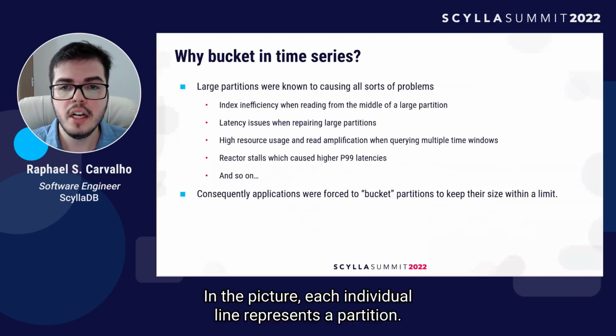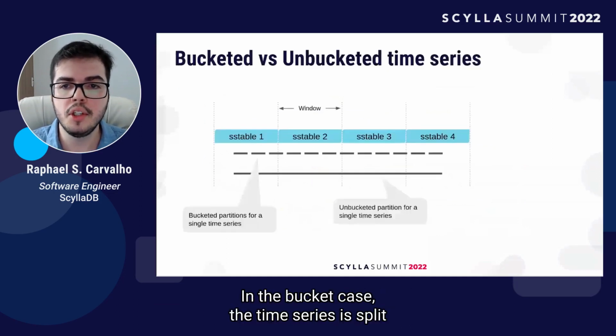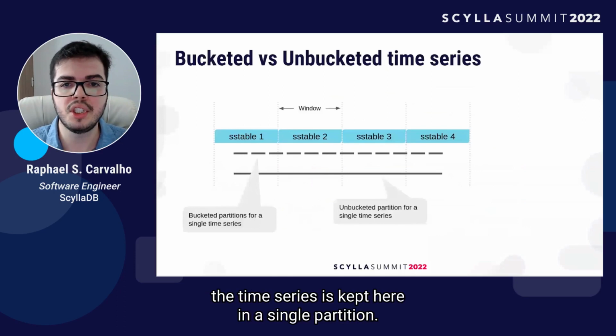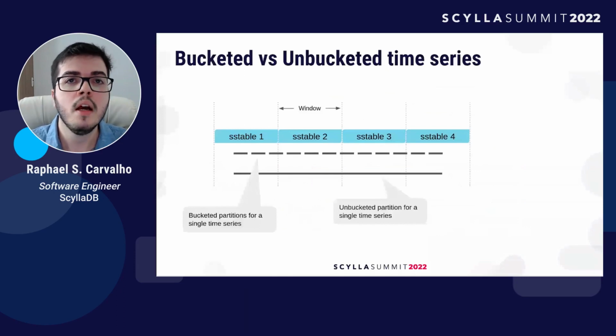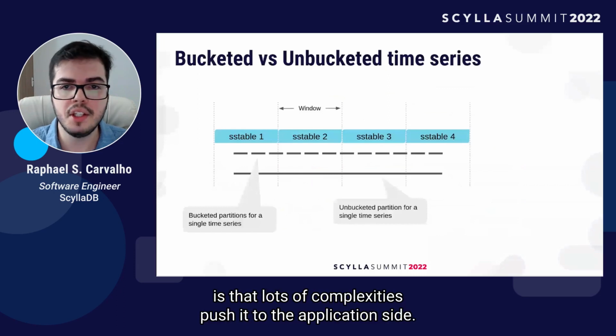In the picture, each individual line represents a partition. In the bucketed case, the time series is split into multiple smaller partitions, while in the unbucketed case, the time series is kept in a single partition. One of the main problems with the bucketing is that lots of complexity is pushed to the application side.